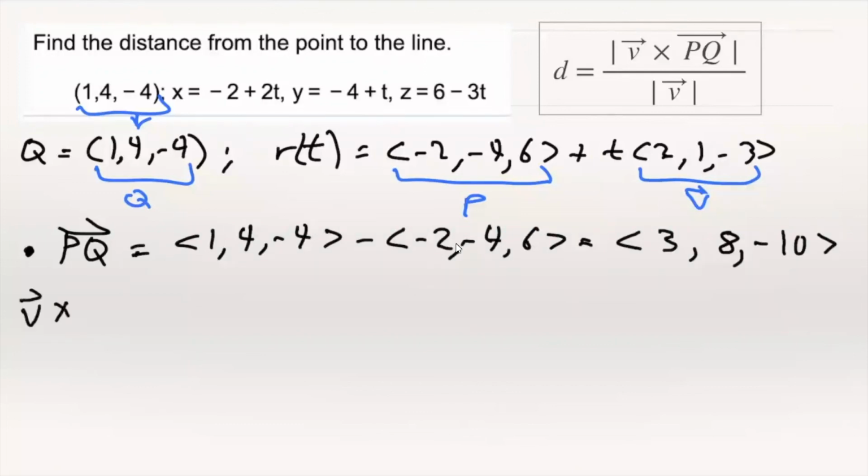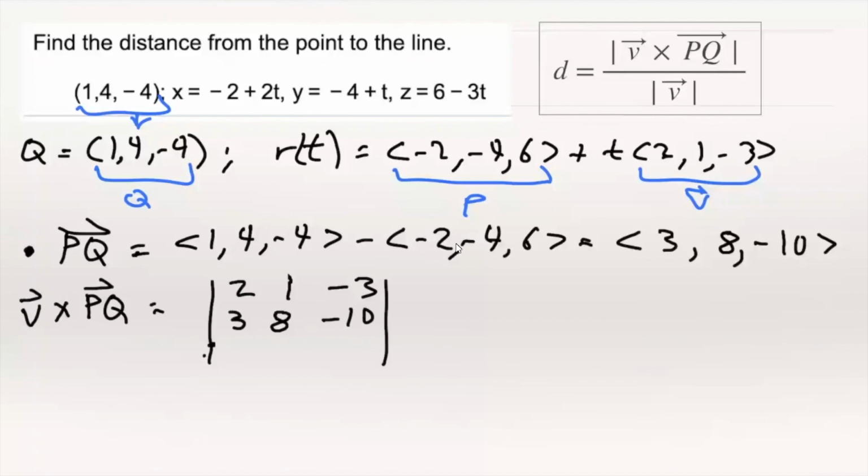Well, now v cross PQ. We stick it in our matrix and find the determinant. That is 2, 1, negative 3, 3, 8, negative 10, and i, j, k. And that is this.